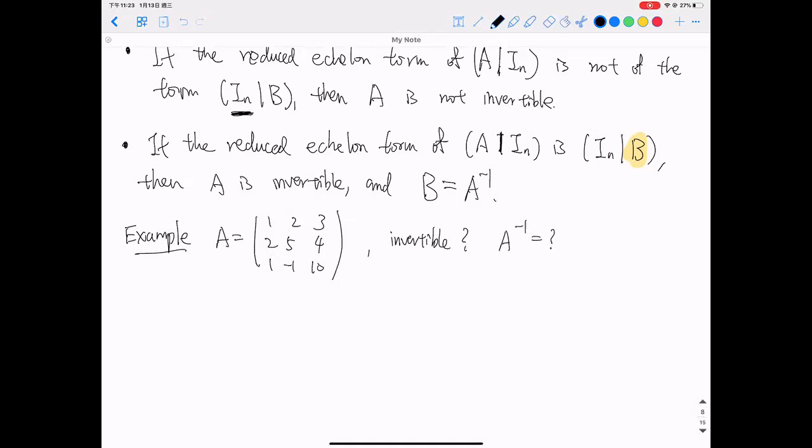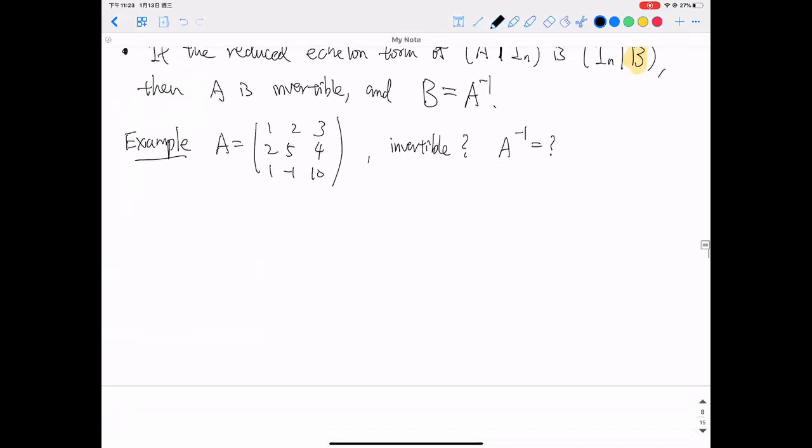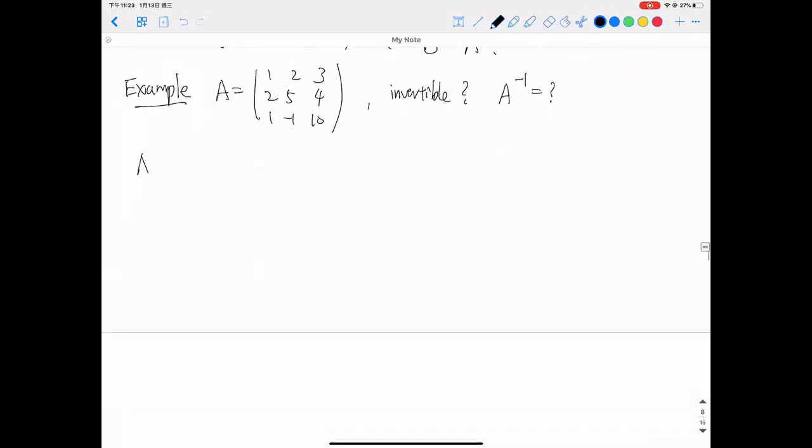And if so, what's its inverse? What we need to do here, as I've explained, is to form this matrix.